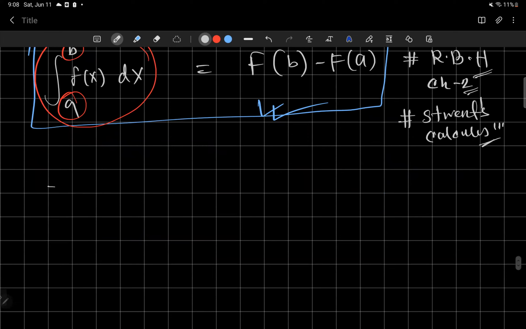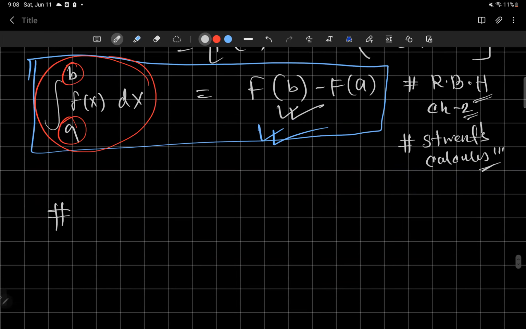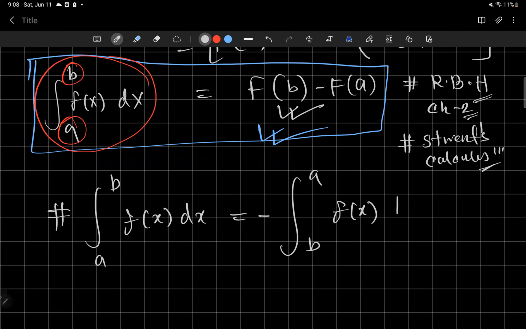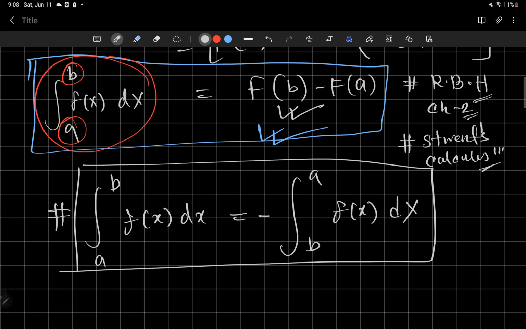In fact, using this definition of the definite integral, what you should check is that this thing holds. You can just show this by using this result in the blue box.